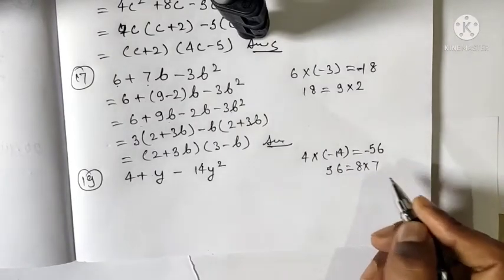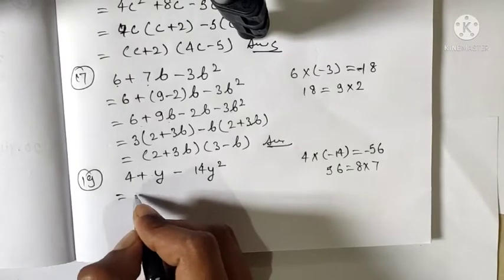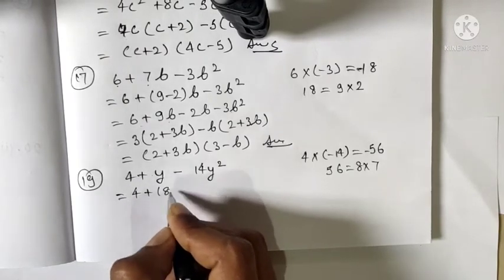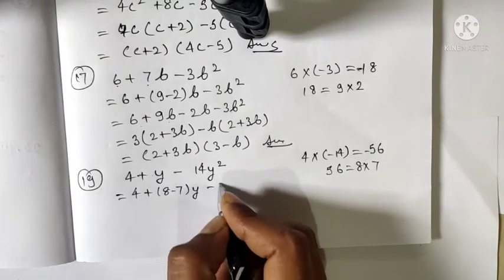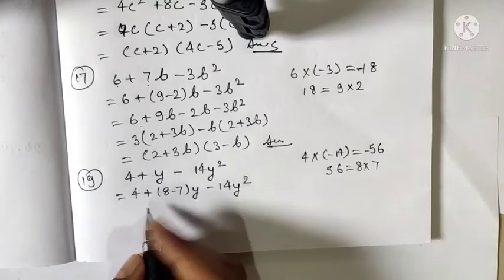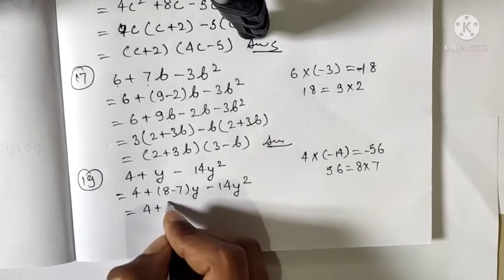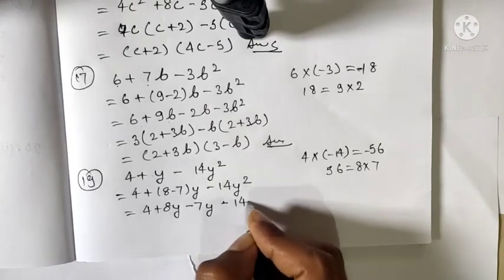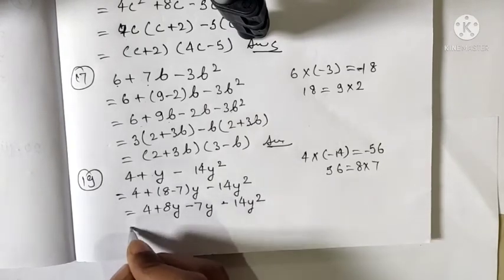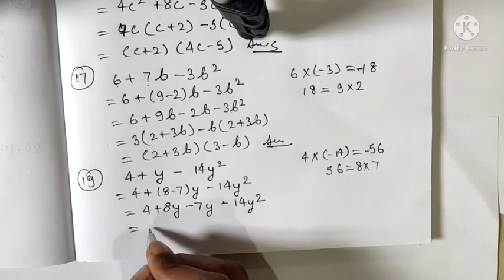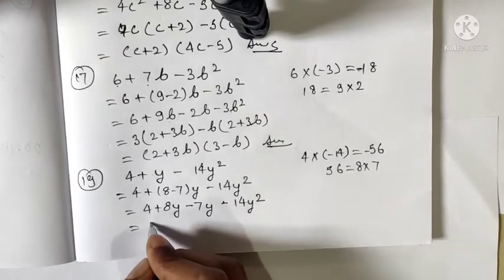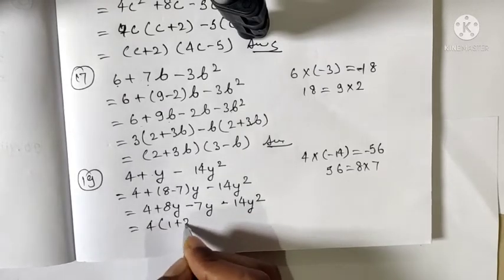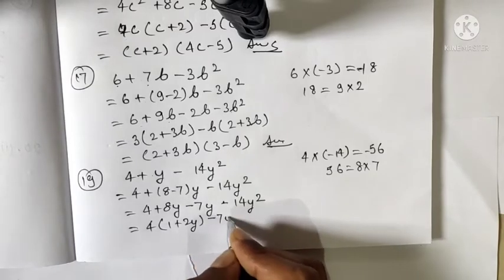That is why we can write it as 4 plus 8y minus 7y minus 14y square, taking 4 as common, then it will be 4 into 1 plus 2y, minus 7y as common, then it will be 1 plus 2y.